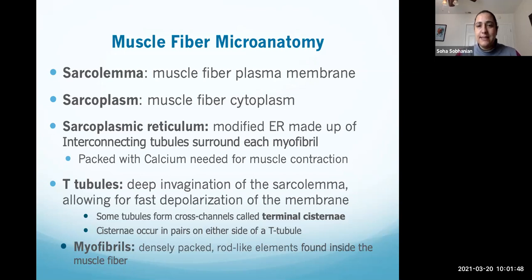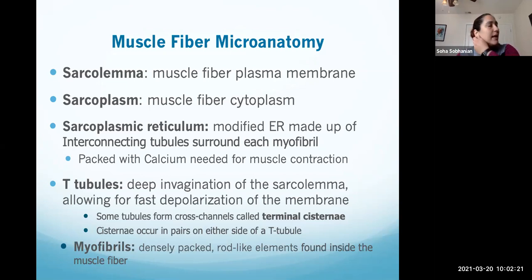The plasma membrane, which was that phospholipid bilayer we mentioned previously, is called the sarcolemma for the muscle fiber. The space inside the muscle, which was called cytoplasm for all other cells, is called sarcoplasm. So you can see the similarity between the words.